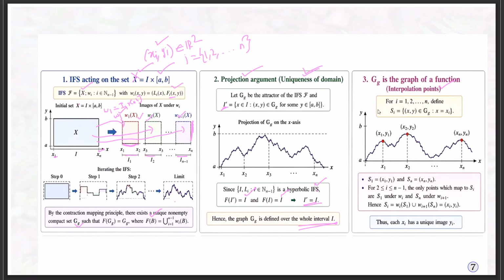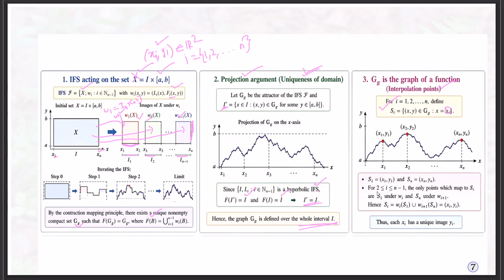For proving this, we defined the set Si in such a way that x equals xi. If we take x equal to xi, what are all the y that map to this xi? Initially, we assume that there are many points yi associated with xi. Then we proved that it is not many points, all are the same point. So S1 is defined as x1 comma y1, and Sn we arrived as xn comma yn.